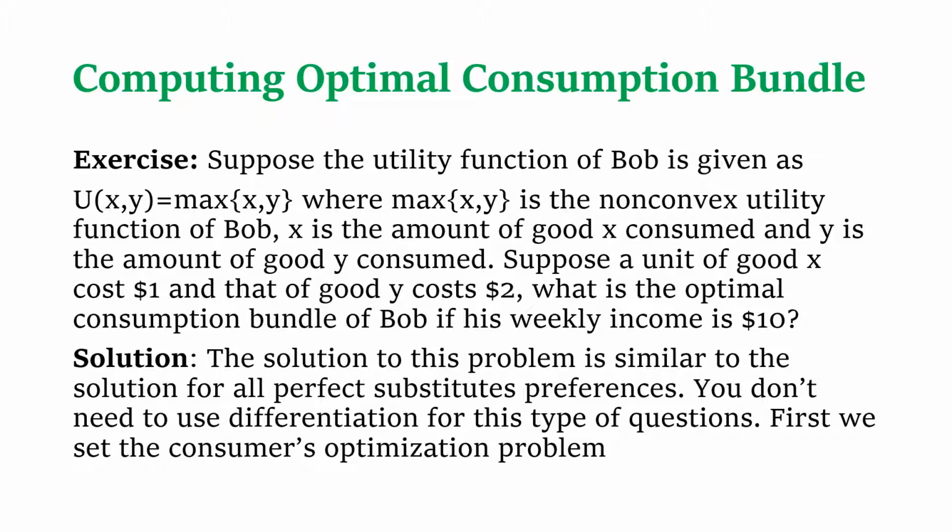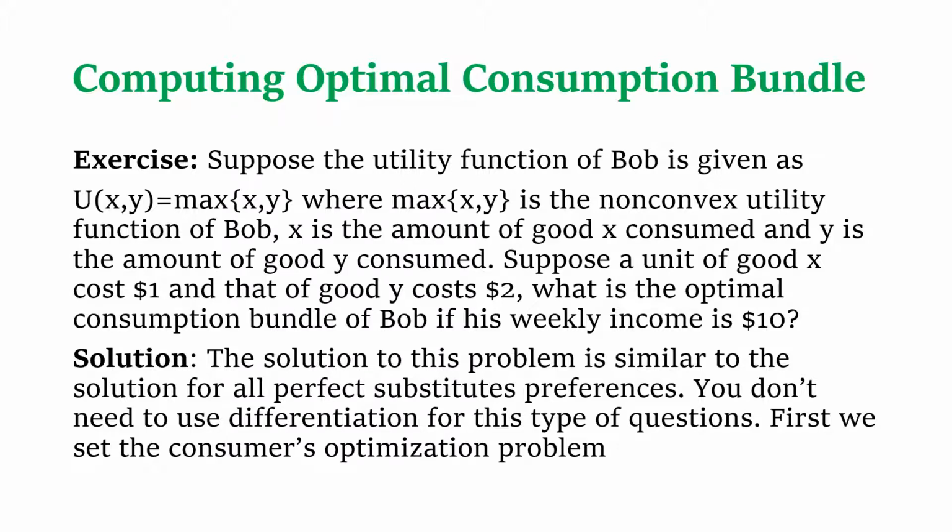Whenever you are faced with a problem like this, I'm going to repeat, the first thing you need to do is to set up the consumer's problem. And the consumer's problem comprises two equations.